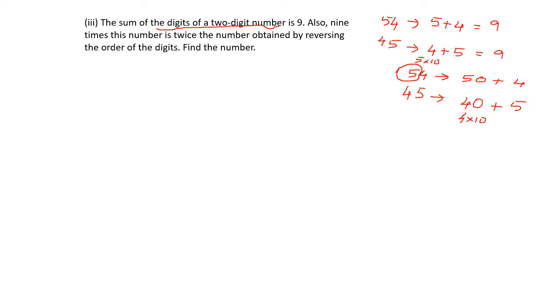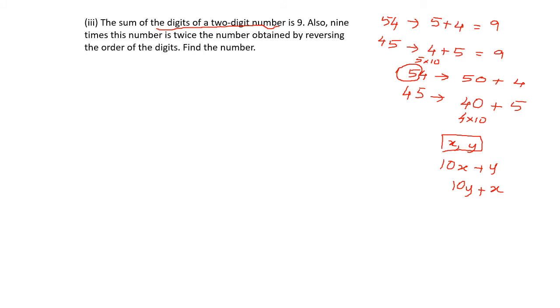So if I take the digits as x comma y, then the number can be 10x plus y or it can be 10y plus x, isn't it? But the digits are x and y. x can be 5 and y can be 4. So the number can be 54 or it can be 45.